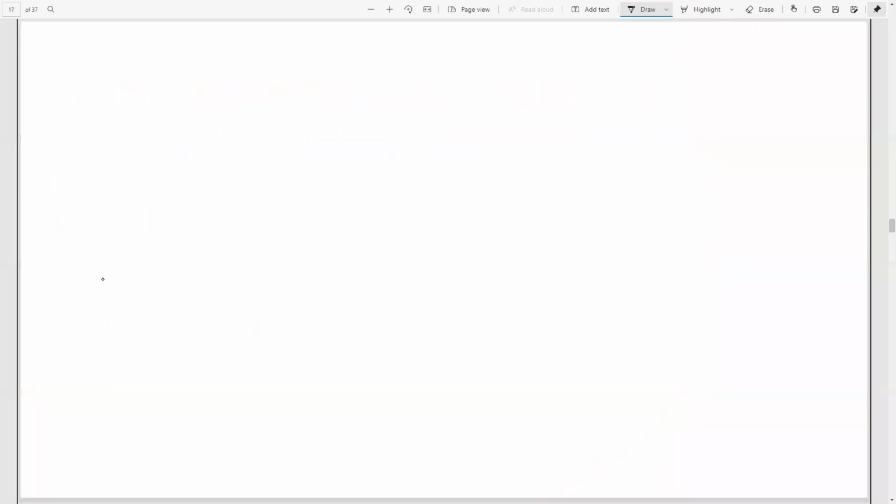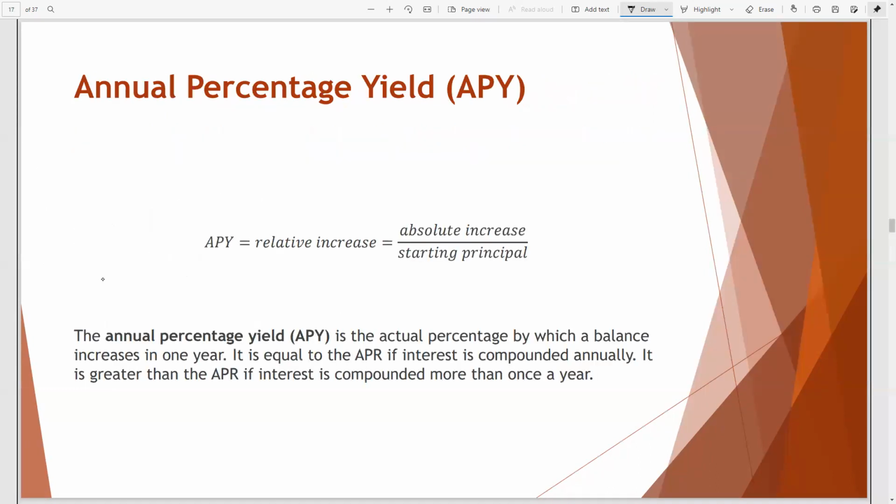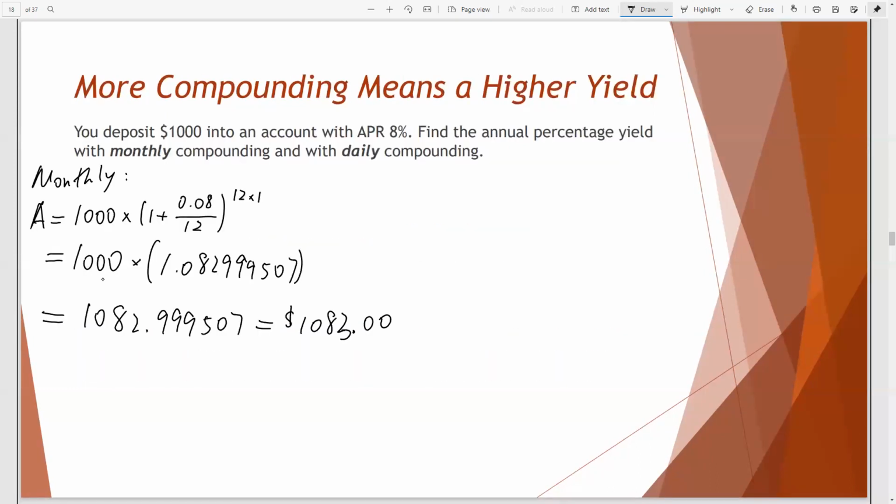And the annual percentage yield we see is the absolute increase over the starting principal. So the absolute increase, in other words the interest, is $83.